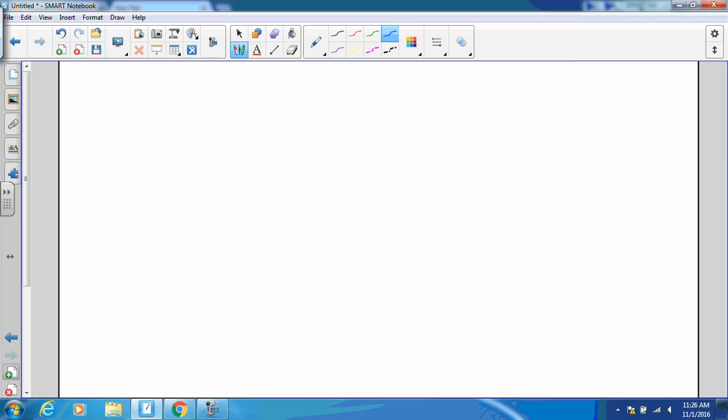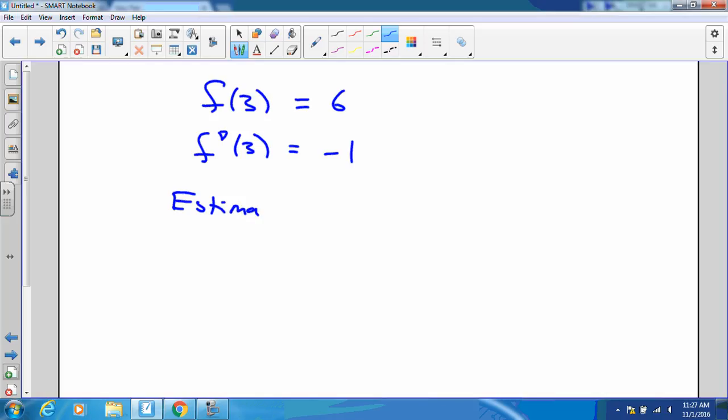Now, I want to observe how little information we actually need to make this happen. Suppose I tell you that f of 3 is equal to 6, and f prime of 3 is equal to -1, and I ask you to estimate f of 3.1.